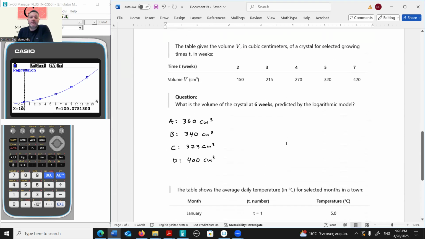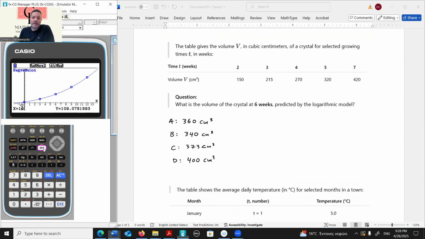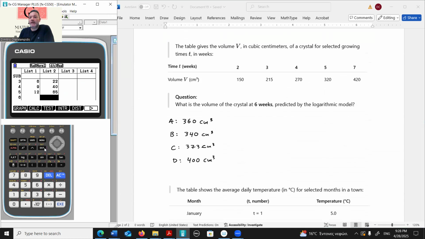Third example. The following table gives the volume V in cubic centimeters of a crystal for selected growing times t in weeks. We have time t in weeks getting the values of 2, 3, 4, 5, and 7. This will stand for the independent variable, and then the corresponding dependent variable values will be 150, 215, 270, and so on.